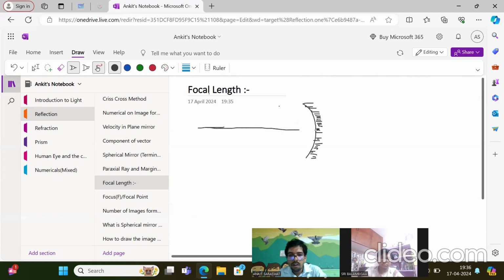Forget small, big, everything; paraxial, marginal, forget those things I have explained. Now you will see here, from infinity lines will be coming like this.